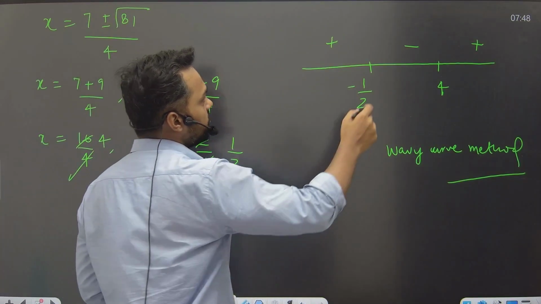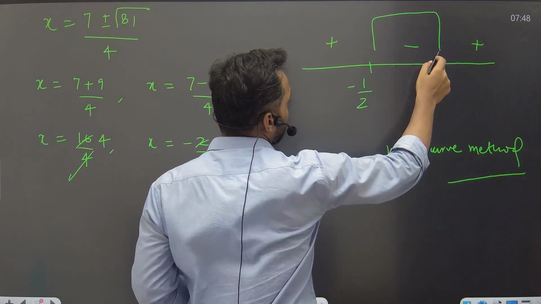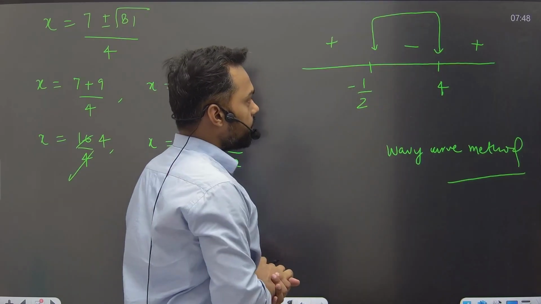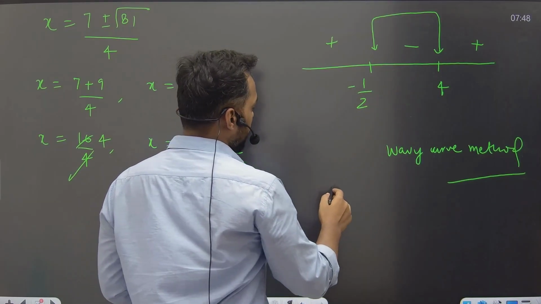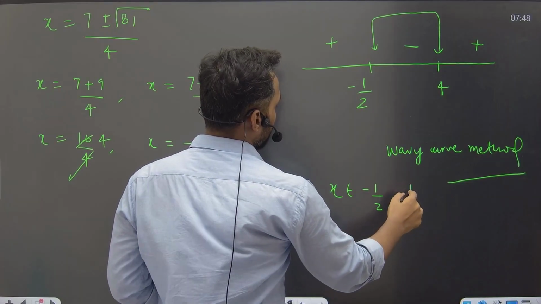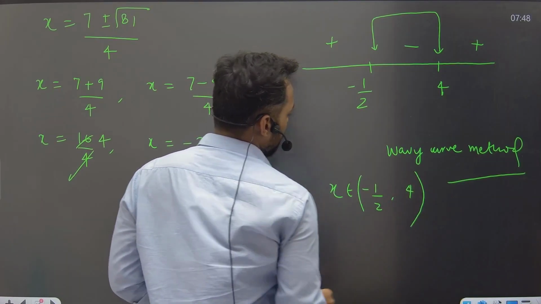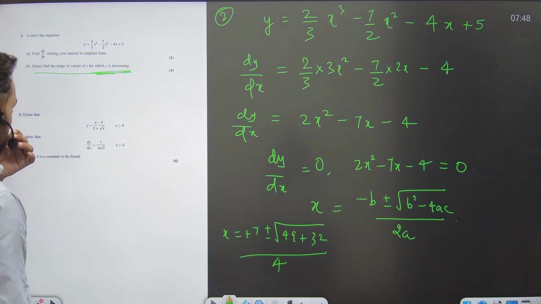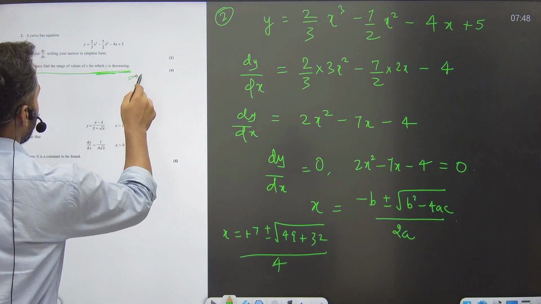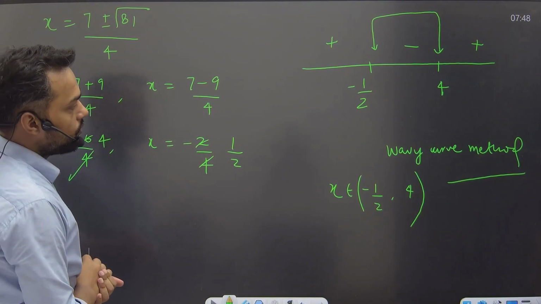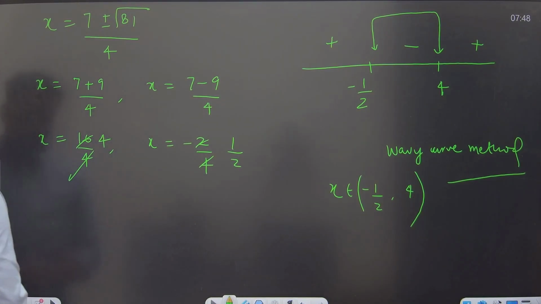We can see that this is the range where the values are negative. So we will write x belongs to the range negative 1 by 2 to 4, open bracket. So this is the range of the values of x for which y is decreasing.